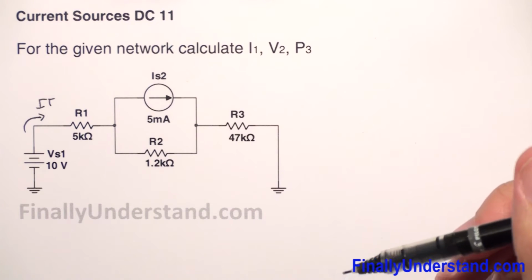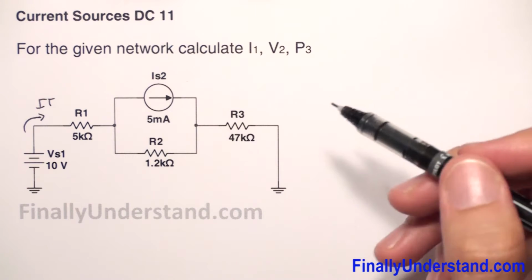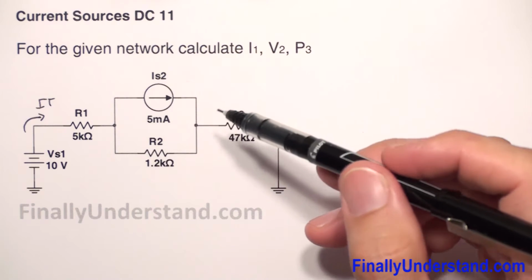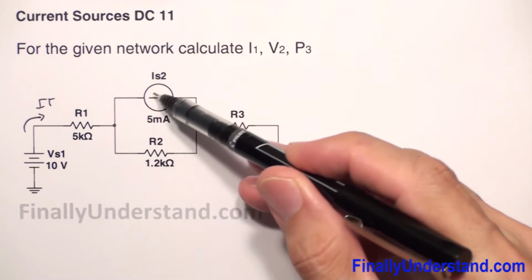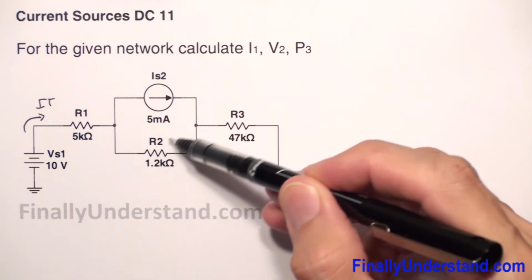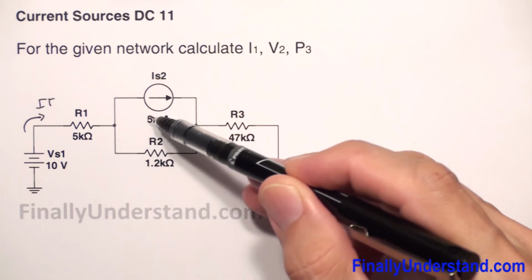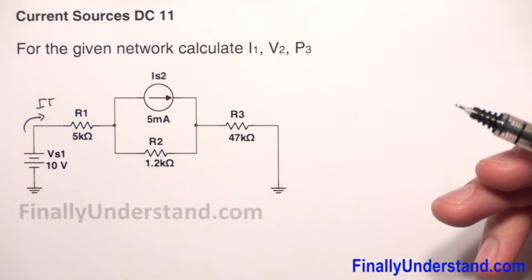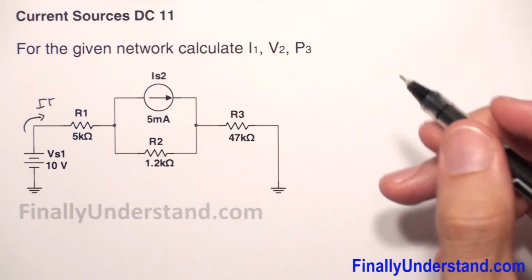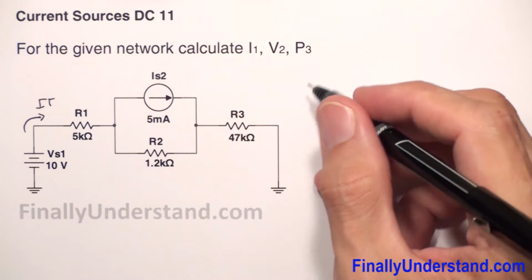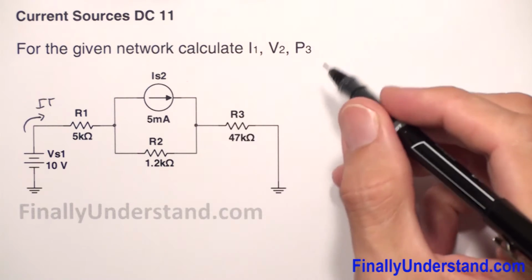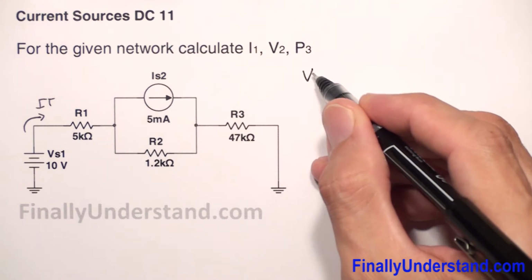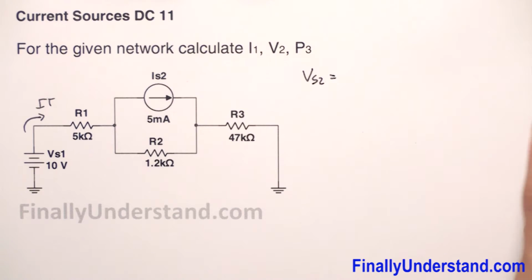So what I'm going to do first, I would convert the current source to a voltage source in order to make this problem a little bit simpler. This is my way to do it. I would simply find voltage source 2.